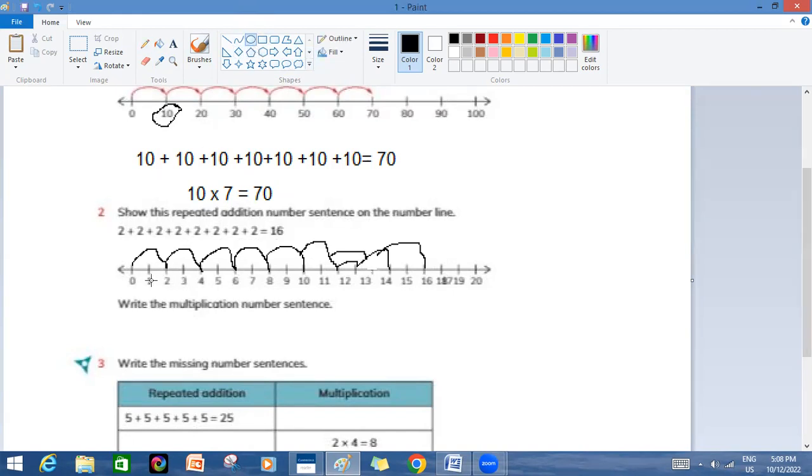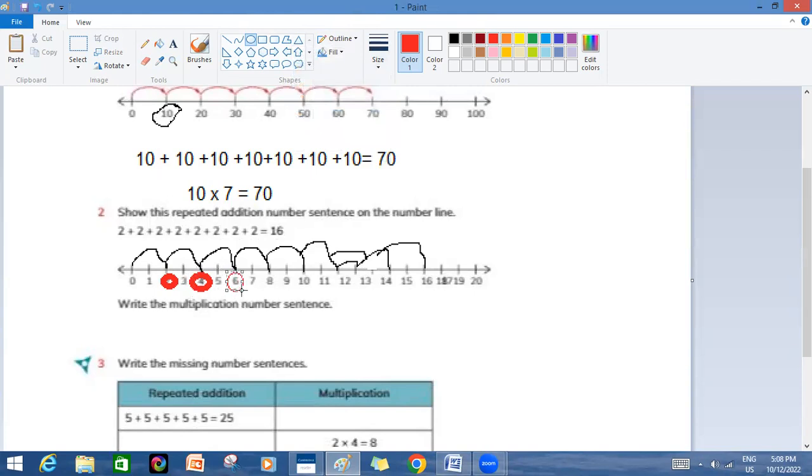So when you jump from 0 to 2, it is 2. Okay. And then we are going to jump again. So it will be 4. Again, we are going to jump.